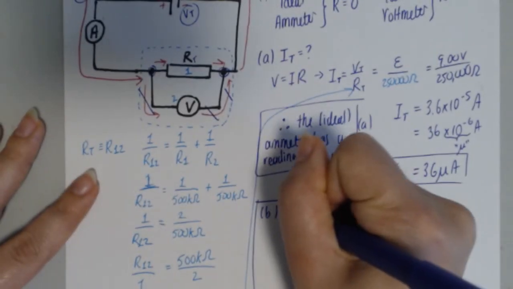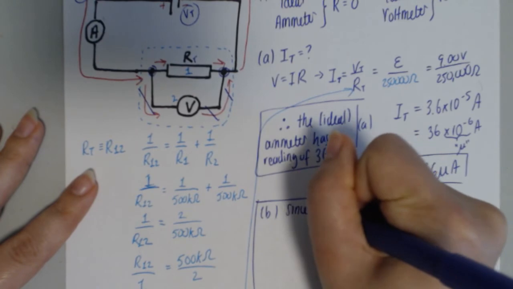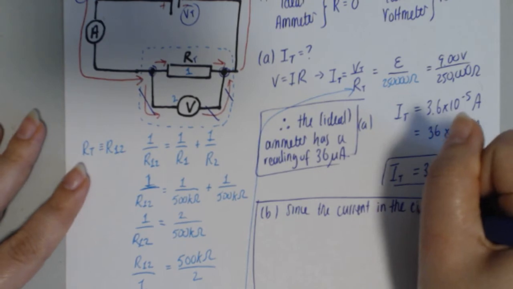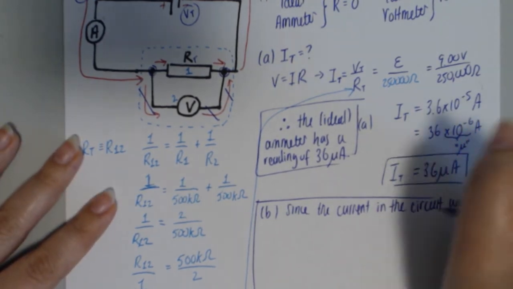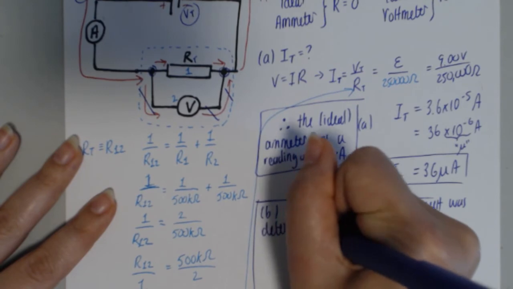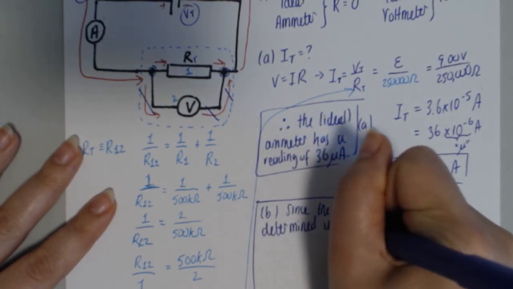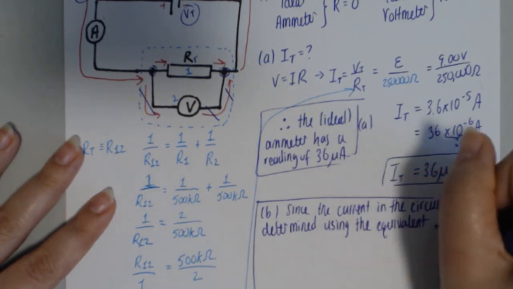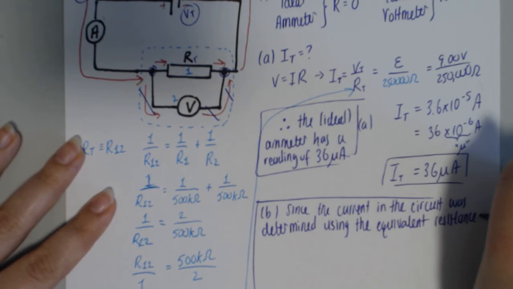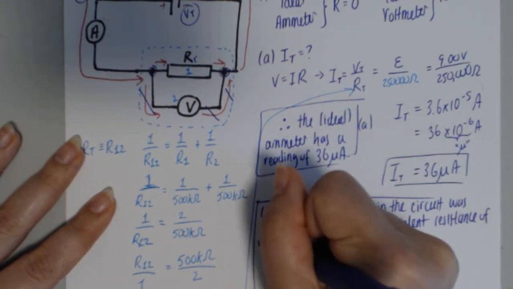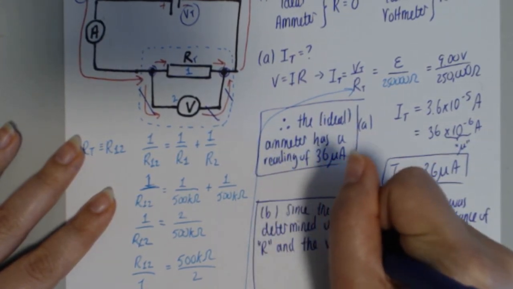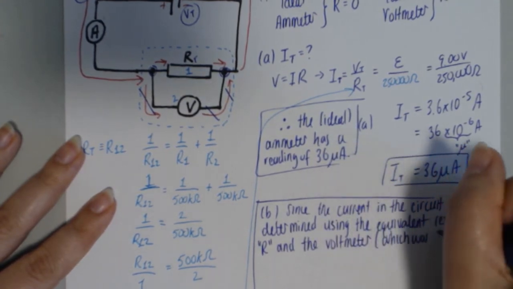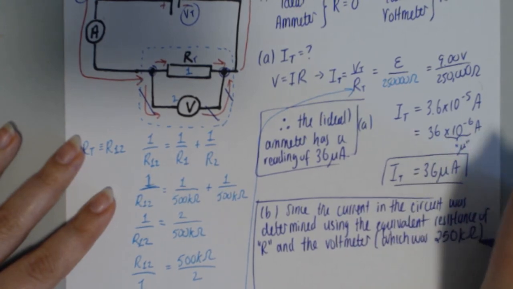All right, so we can say something like this. Since the current in the circuit was determined using the equivalent resistance of R and the voltmeter, in brackets we can say, which was 250 kiloohms.